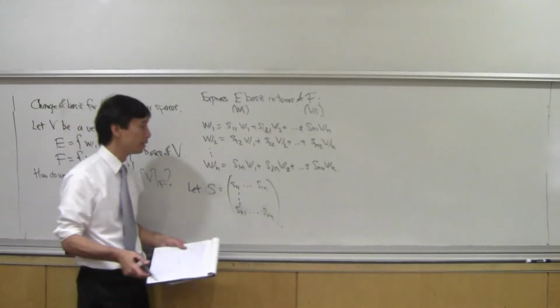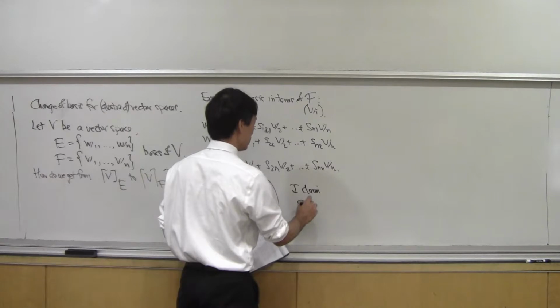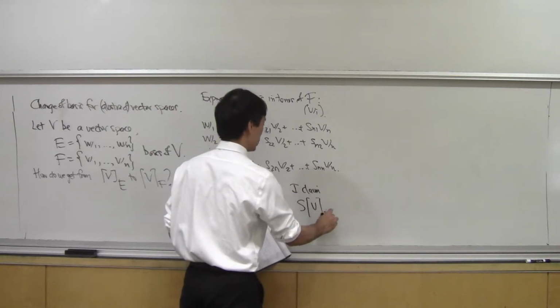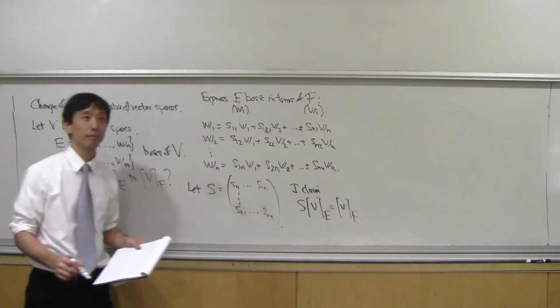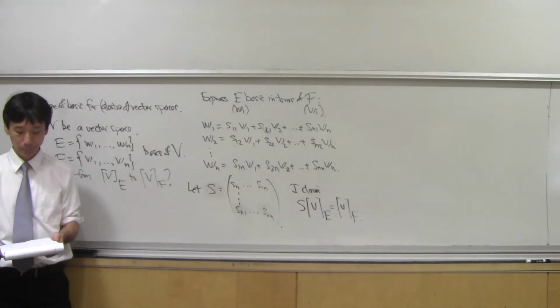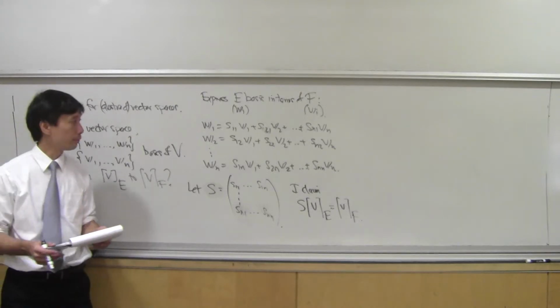So I claim that S is the matrix that will take us from the E coordinate system to the F coordinate system.